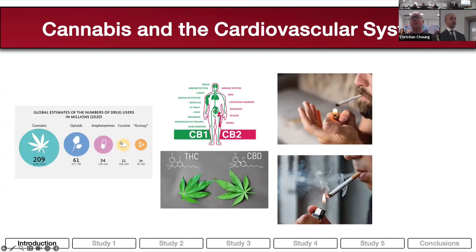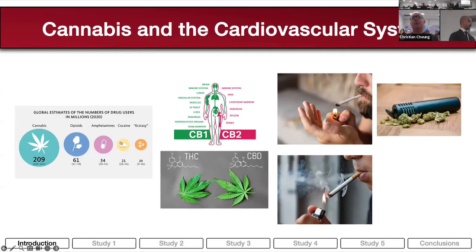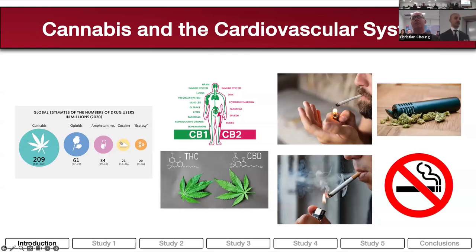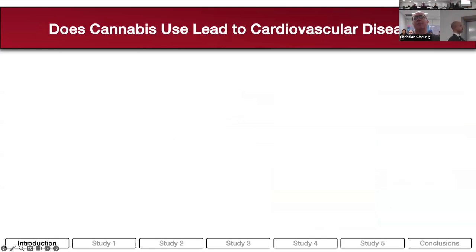Now, in addition to these receptor systems, cannabis is also often smoked, similar to cigarette smoking, which we know to be one of the most detrimental behaviors to cardiovascular health. But further complicating the picture is the fact that cannabis isn't always smoked and it can be inhaled by other methods, such as vaporization, which represent a smoke-free consumption method, which might be particularly important given the fact that we know that smoke itself is bad for our cardiovascular tissues.